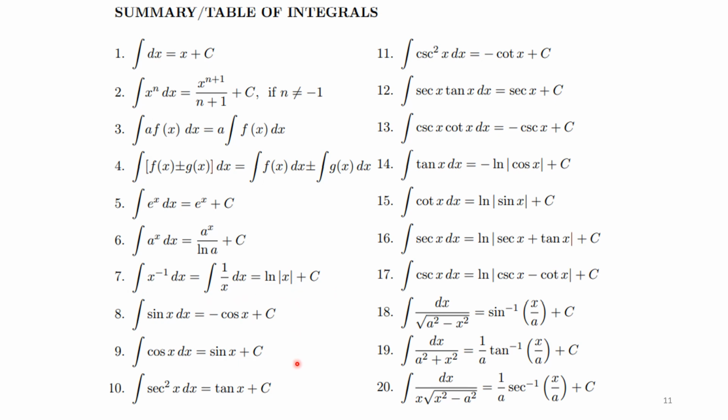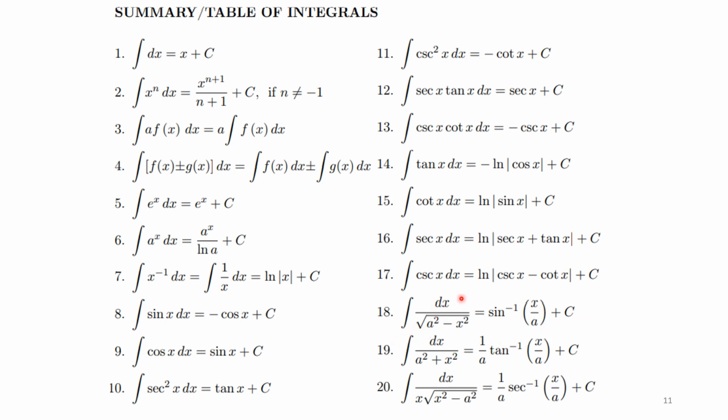You can recall all these trigonometric integrals making use of the box that we had earlier. Also this, cosecant squared x dx, you have to memorize, but there is a mnemonic device wherein you can actually recall all these formulas. As for this one, notice that the integral of dx over the square root of a squared minus x squared is equal to sine inverse of x over a plus c.